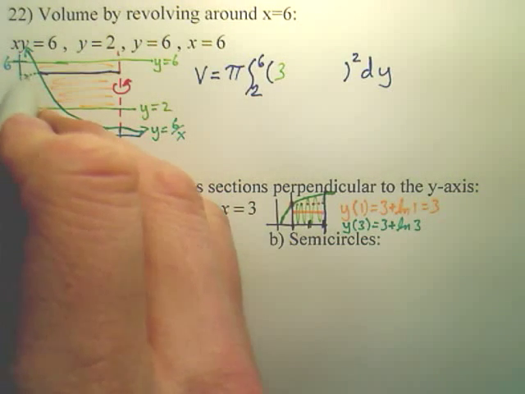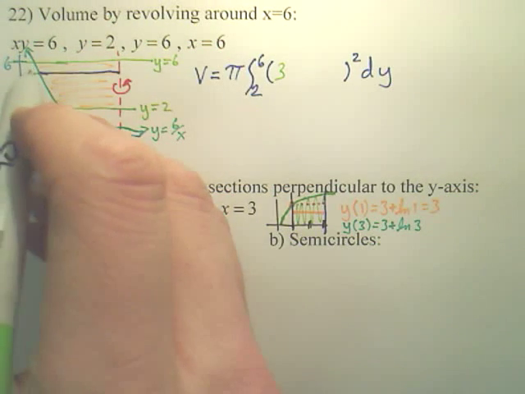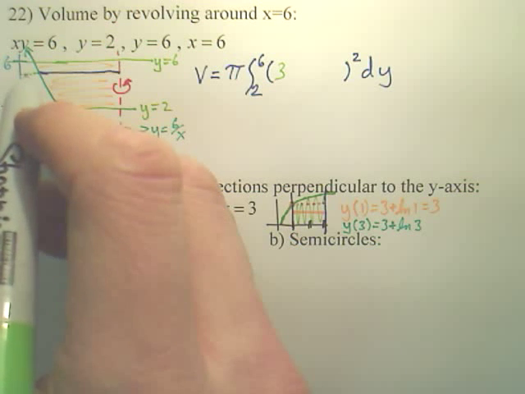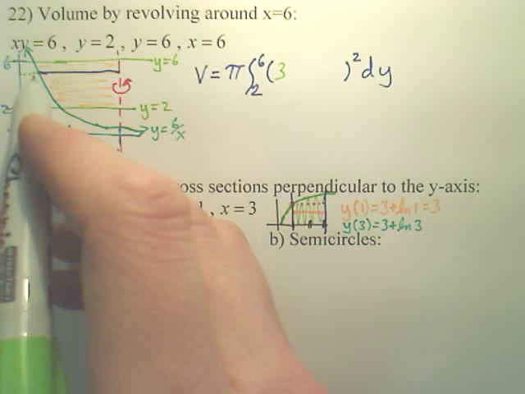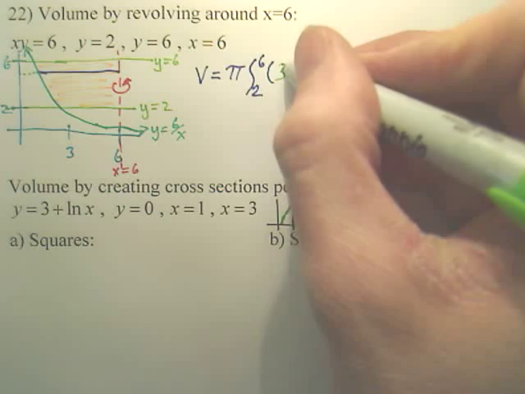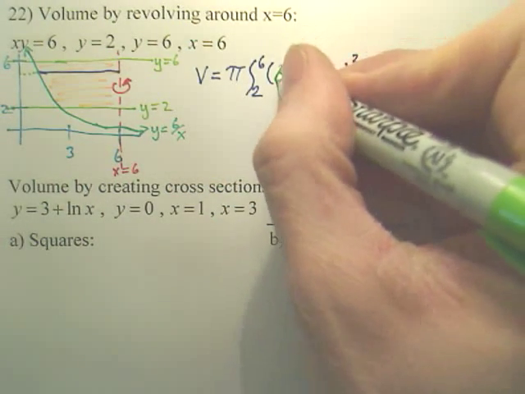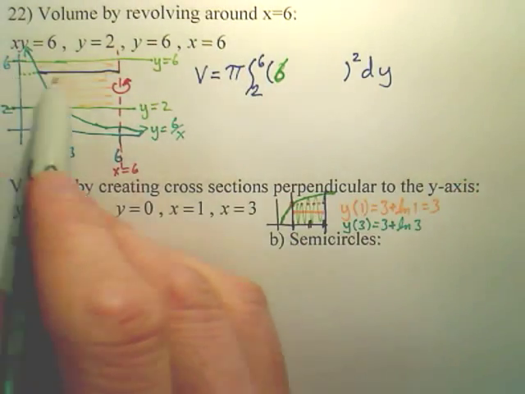Doesn't this green dotted line represent x equals 6 over y? This is x equals 6 over y. What's the length from here to here? It's 6.